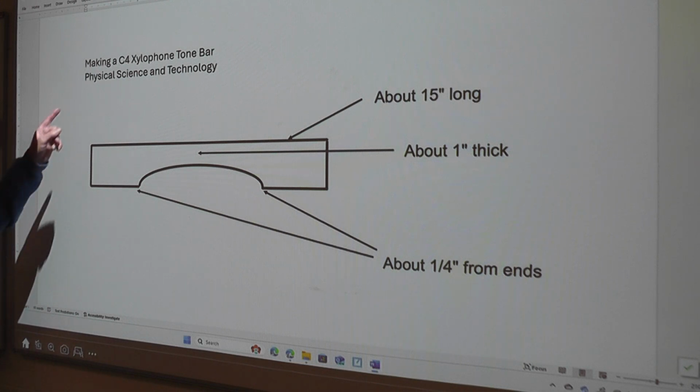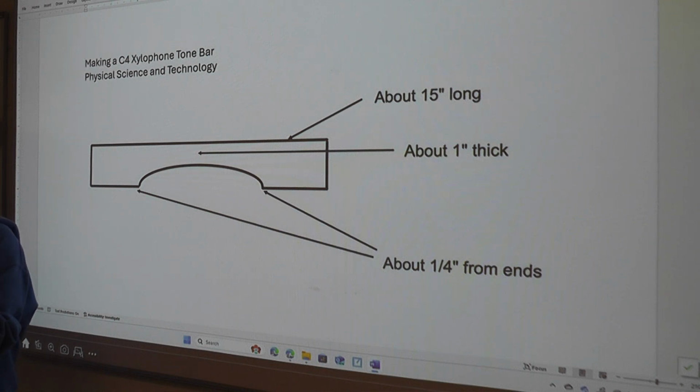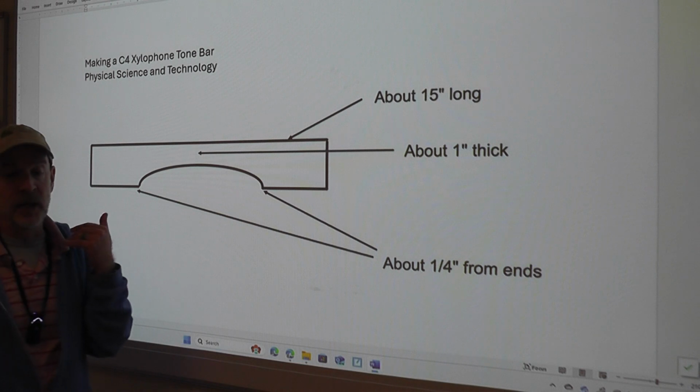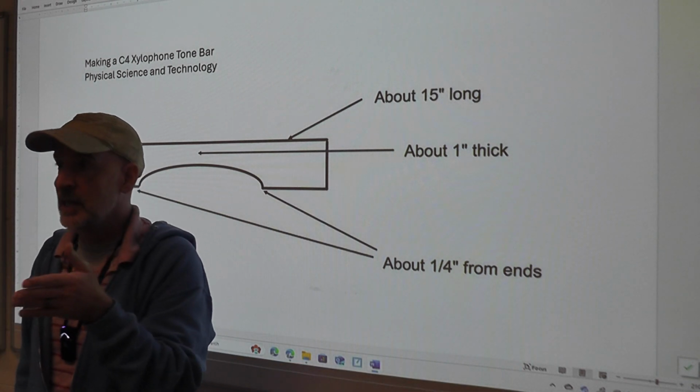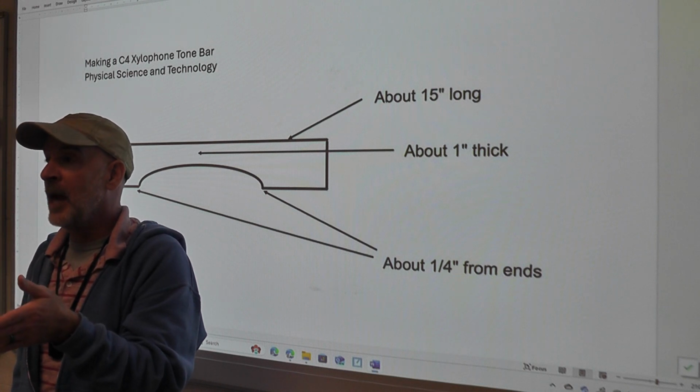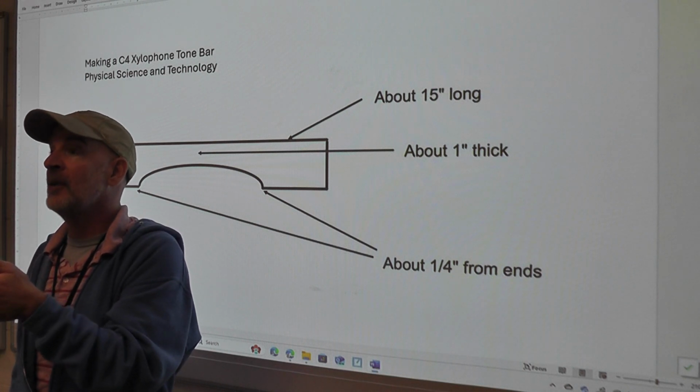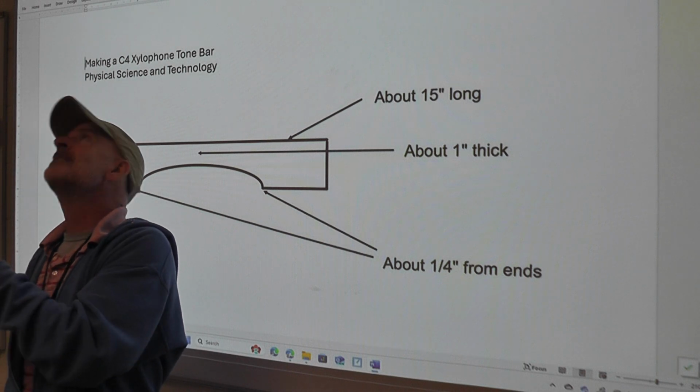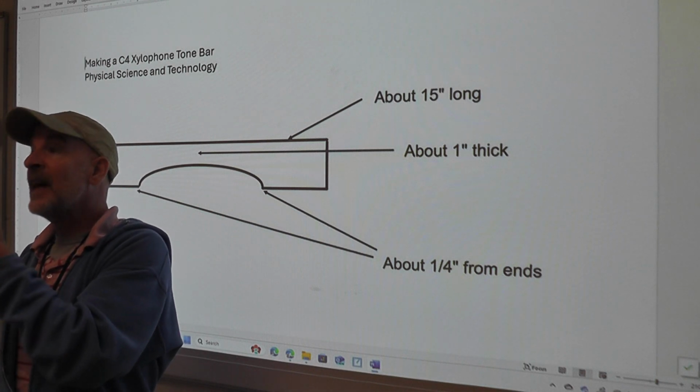But if we wanted to make a C4, for those of you who know music, it's a C note, fourth octave. Okay, so if a regular C, like a middle C, is a C2, and we go up an octave from that, that's a C3. And if we go up an octave from that, that's a C4.